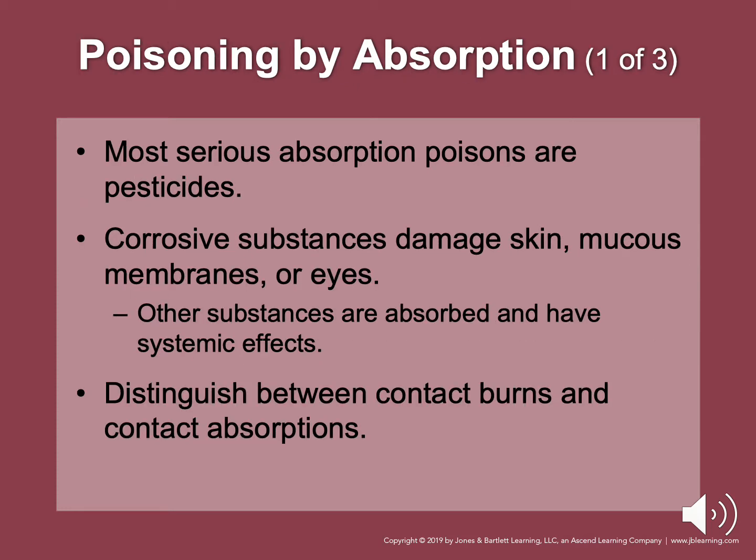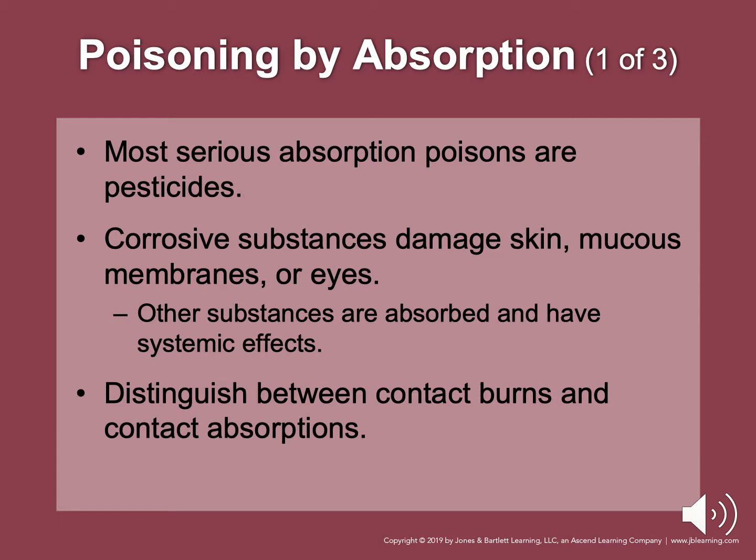Most poisons by absorption. Most serious absorption poisons are pesticides. These are organic phosphates, and they are serious. So corrosive substances act through the skin, mucous membranes, and the eyes. Other substances are absorbed into the bloodstream through the skin and have systemic effects.